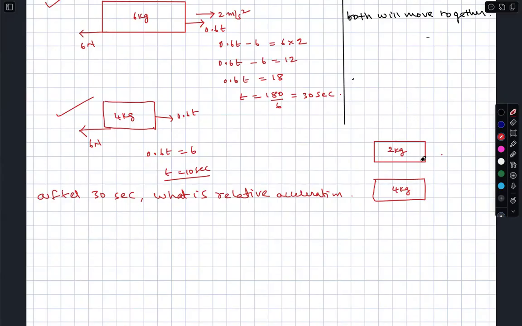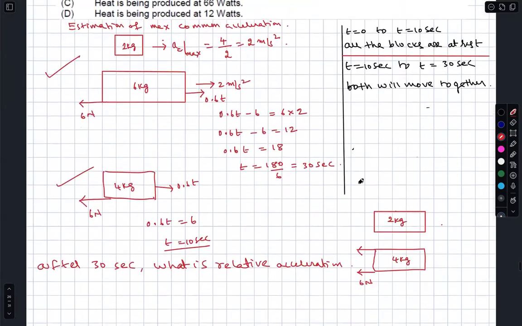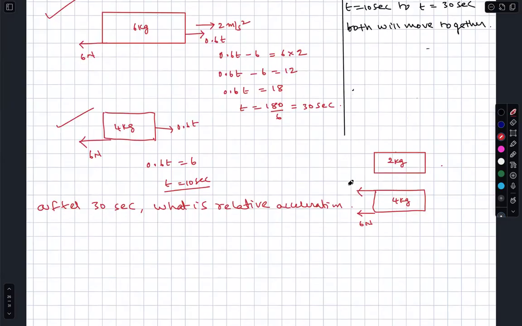Right. On the 2 kg block, one force is 6 newtons. The other force is how much? 4 newton. 0.6t.